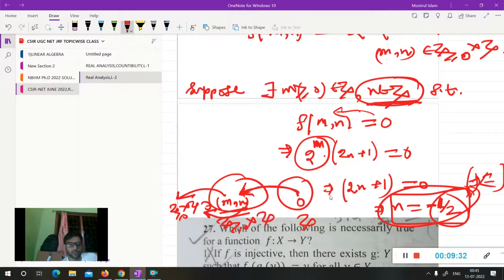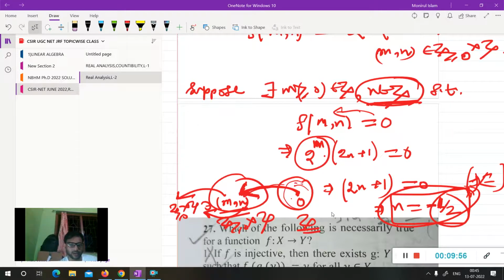So this is a contradiction. So 0 does not have any preimage in the domain Z≥0 × Z. 0 is an arbitrary element of the codomain and it has no preimage in the domain, so this map is not onto. By definition, if it's onto, then every element of the codomain has at least one preimage.